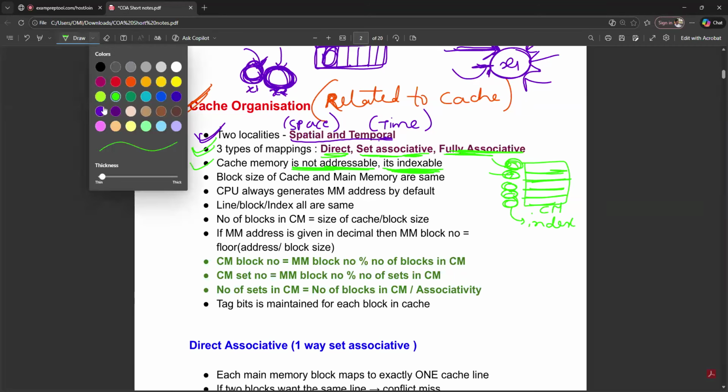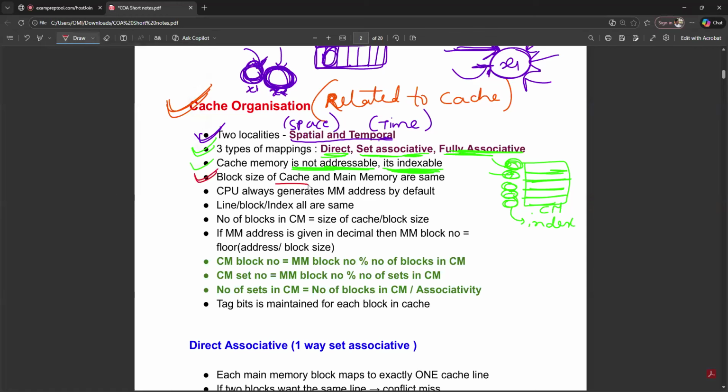One important point is that block size of cache and main memory are the same. Many times we tend to forget this. If you have solved the GATE PYQs, in every question the block size of cache is given, but the block size of main memory is not given.